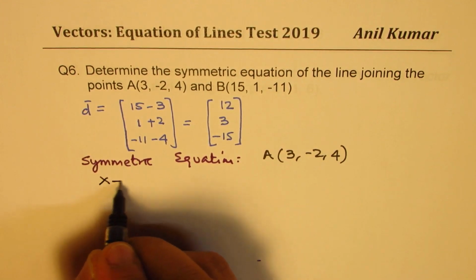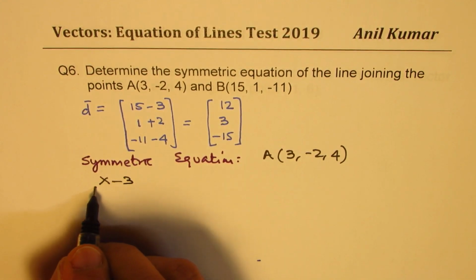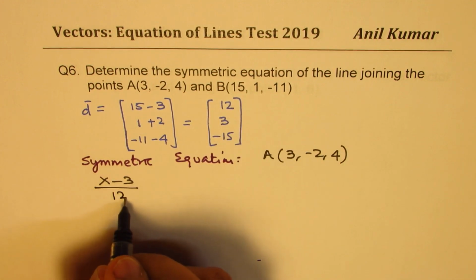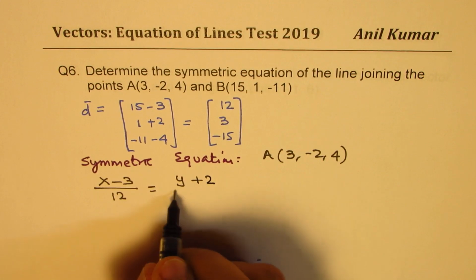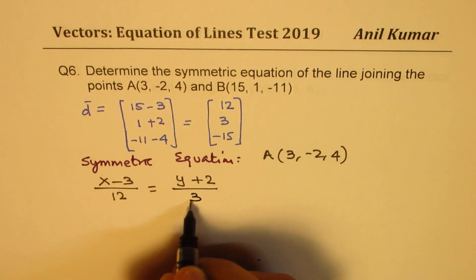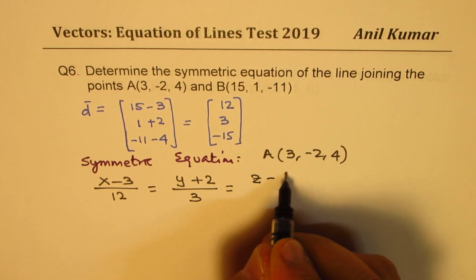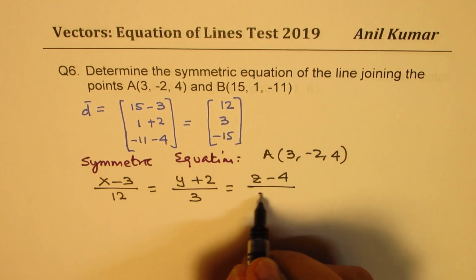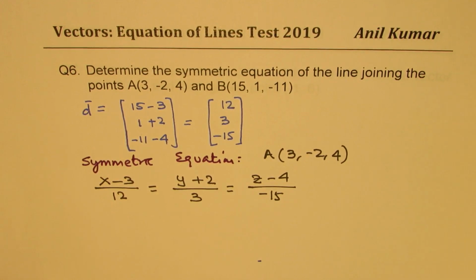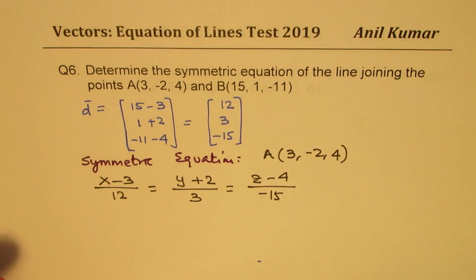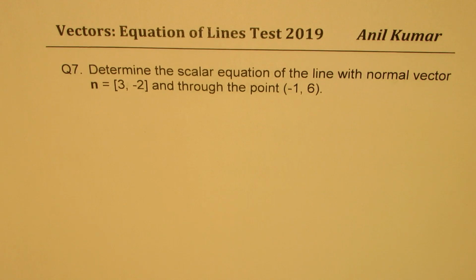So it is (x minus 3) over 12 equal to (y minus minus 2, which makes it plus 2) over 3 equals (z minus 4) over minus 15. Correct? So that becomes the symmetric equation for the given line. So these questions are straightforward. They should not take much time.